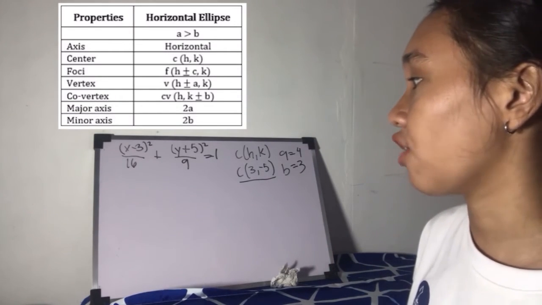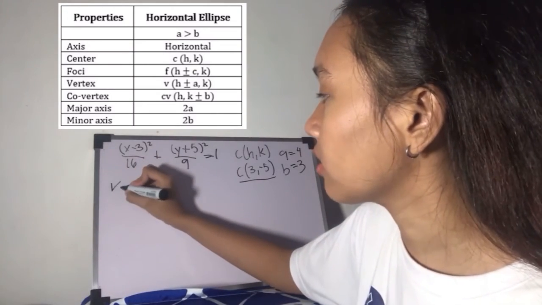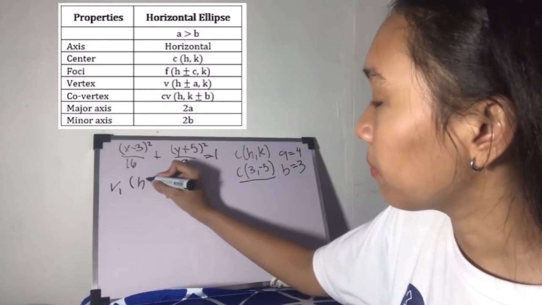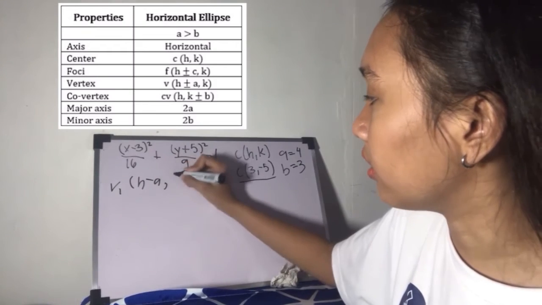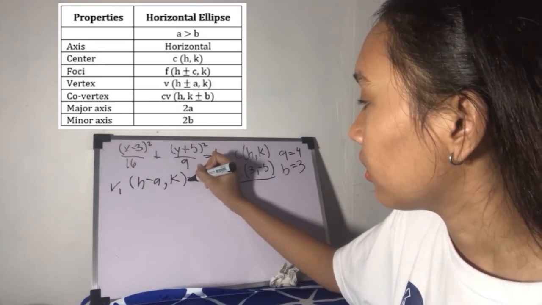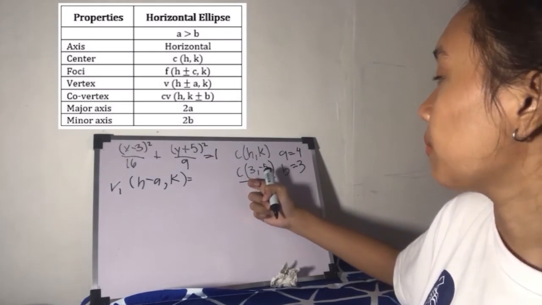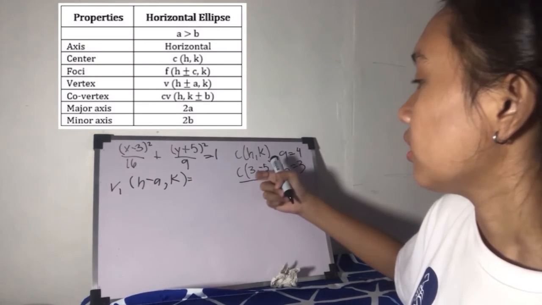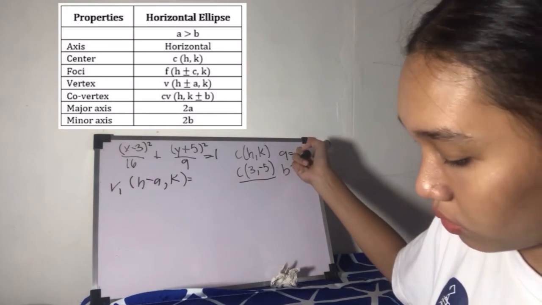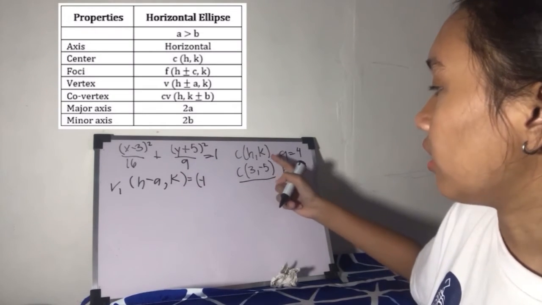Now we can find the vertices. The first vertex will be h minus a and k. Our h is 3 and our a is 4. 3 minus 4 is equal to negative 1, and the value of our k is negative 5.